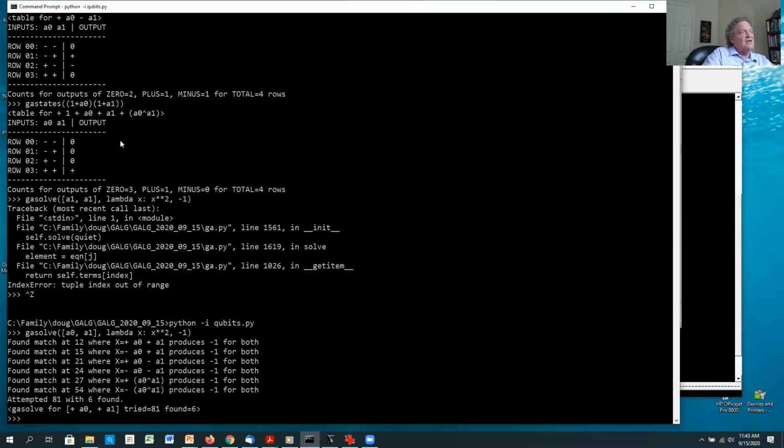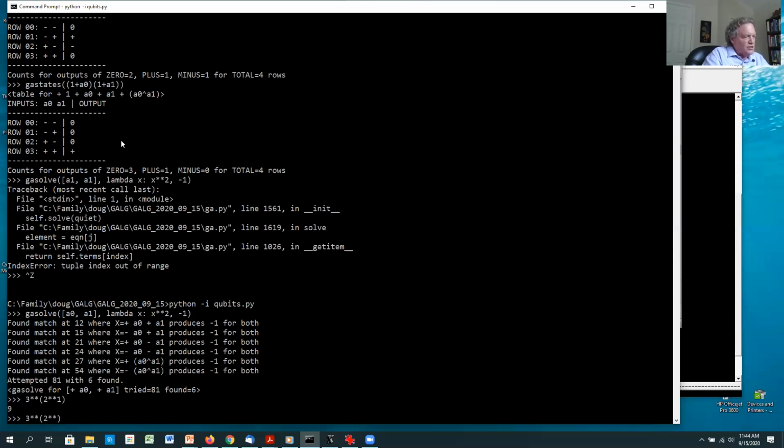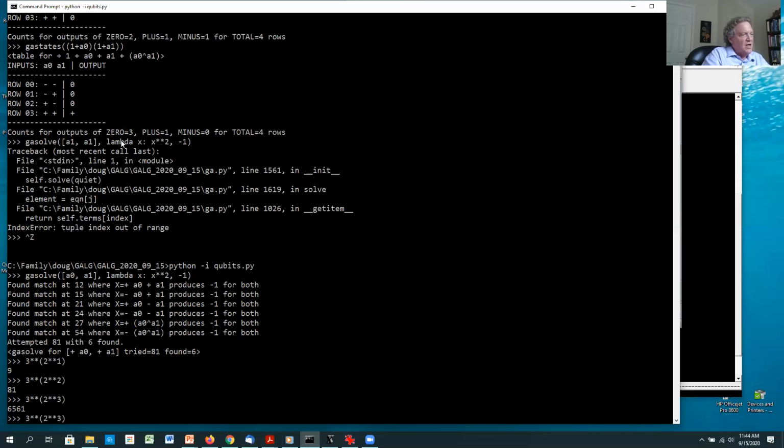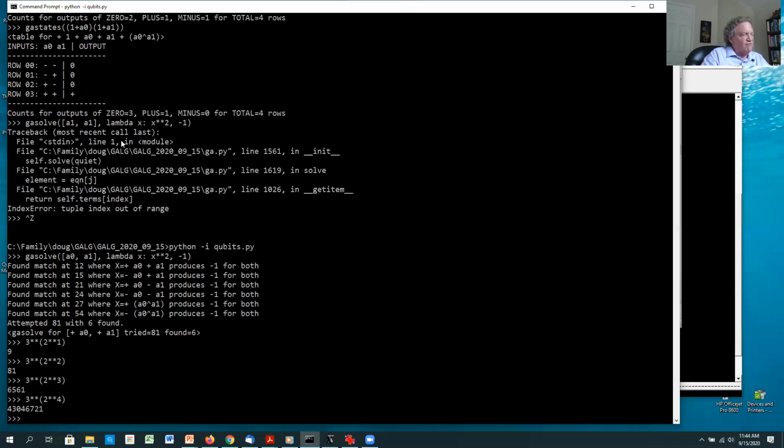For G3, it's 81 squared total states, and it's 3 to the 2 to the n, where n is the number of vectors. So there's 9 states for 1 qubit. For 2 qubits, there's 81. For 3 qubits, there's 6,500. And for 4 qubits, for four vectors, there's 43 million states. See how this is squared each time? And this is because there's 3 coefficient values, and there's 2 to the n number of distinct elements in the algebra. Okay, so that's where the 81 came from.